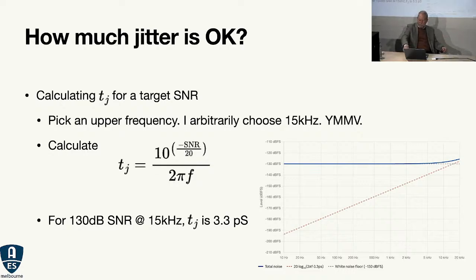And here you can see what the curve did when I used this new clock that has 3.3 picosecond jitter. It only starts to rise just a little bit above 15 kilohertz. That's certainly much better. And now we're getting our 130 dB data sheet spec on our nice codec.